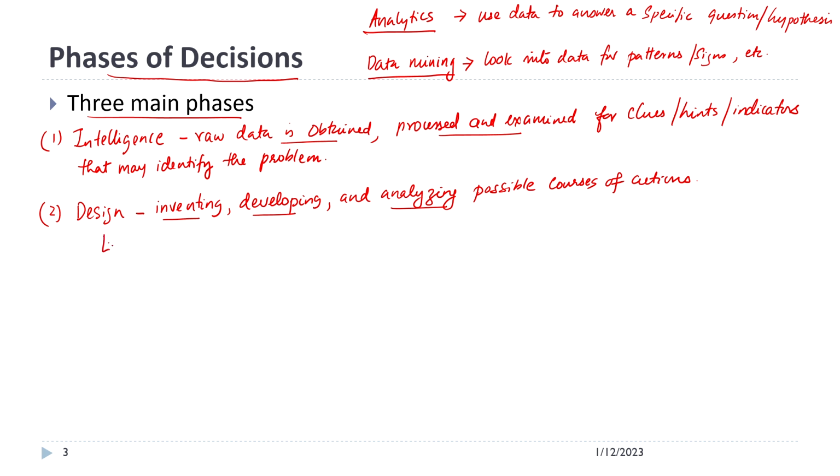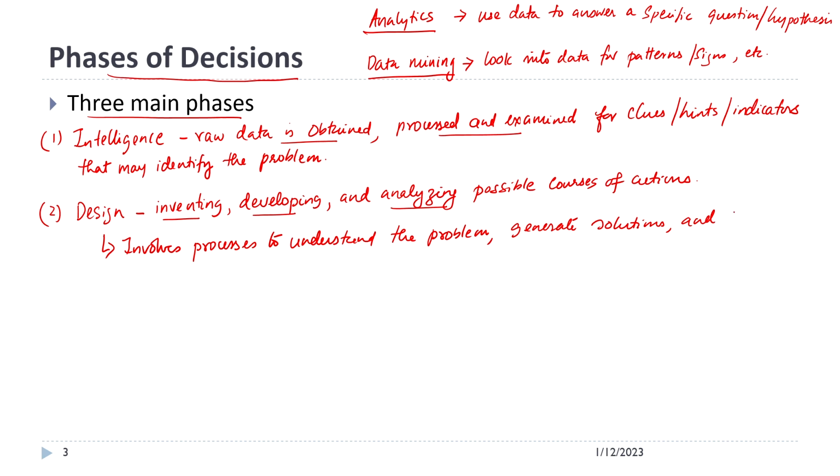This has two important aspects you need to think about. Number one, it involves processes to understand the problem, then generate solutions and test those solutions for feasibility.